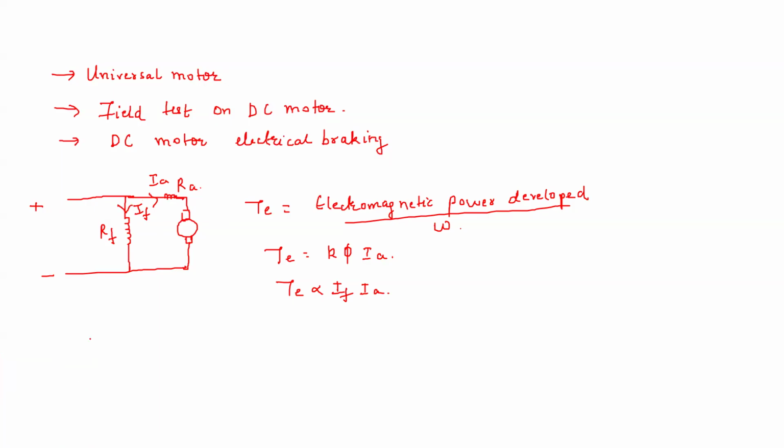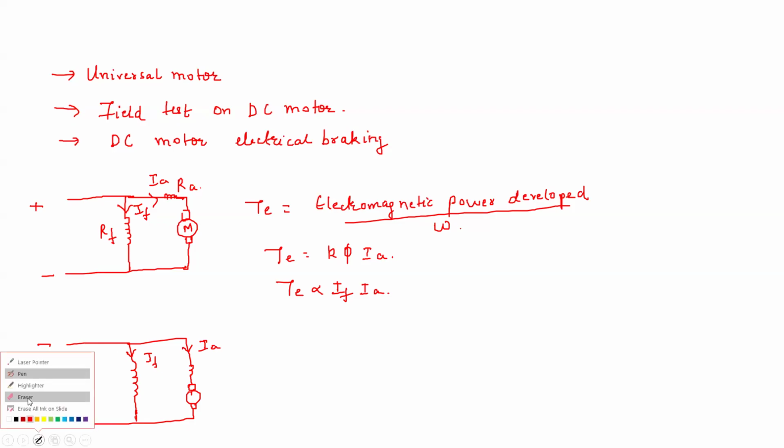Now let us say that for this DC shunt motor, we give it a negative supply. In that case, you will see that the IF and IA direction will no longer be like this.